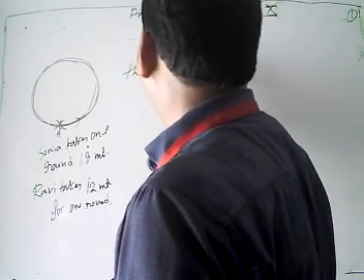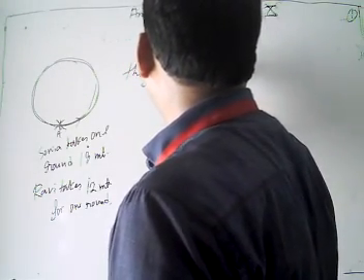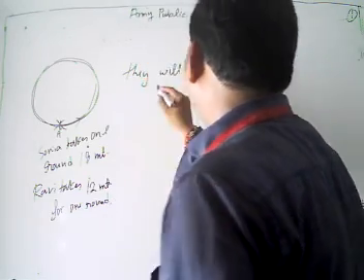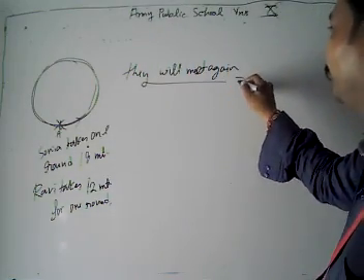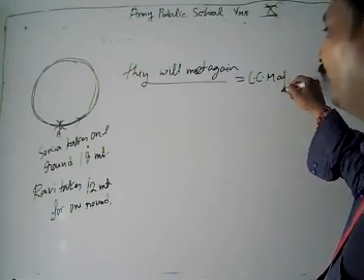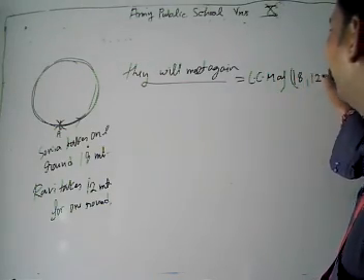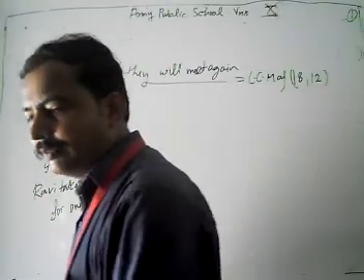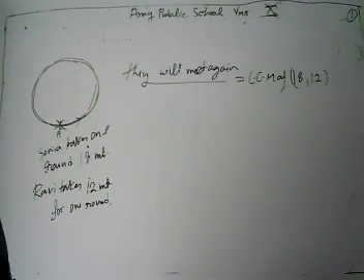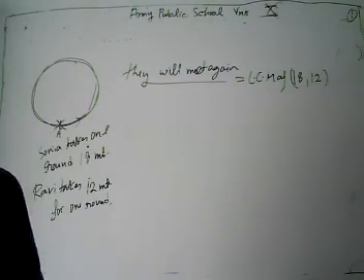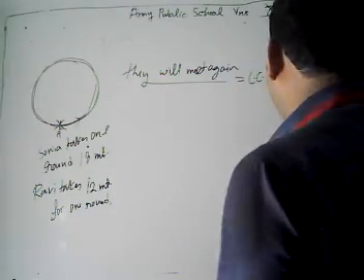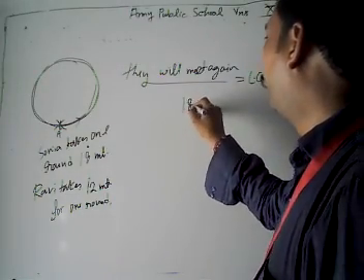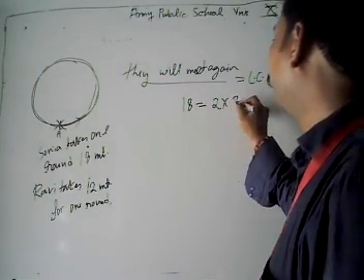To find when they will meet again at the same point, we have to calculate the LCM of 18 and 12. The factors of 18 are 2 into 3 into 3.